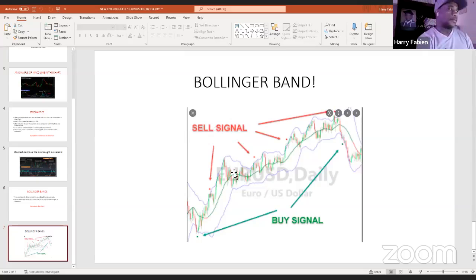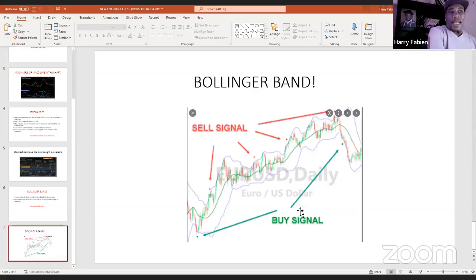The sell signal means the stock is going up, up here, and then one of the green candles doesn't stay inside, it's outside of the line. They give you a signal to sell. Time for you just to sell and get out.